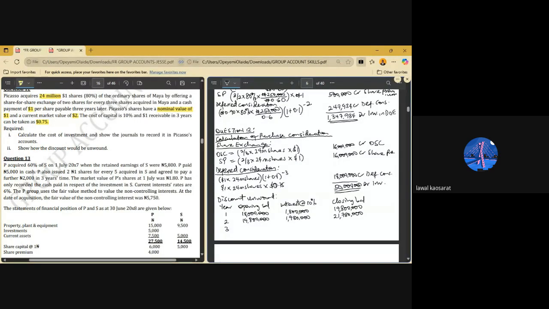Yes. So 21,780,000 in year three. The interest will be 2,178,000. So that will give us how much? 23 million 9 what?